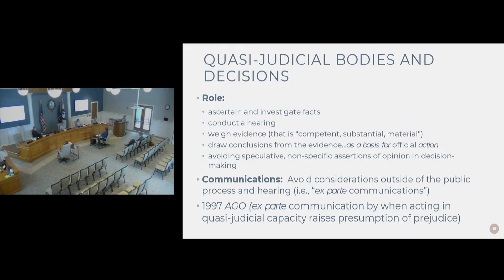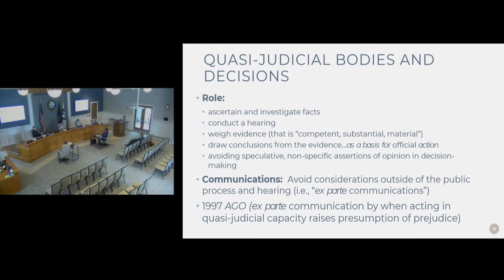Meaning when that decision is being made by a quasi-judicial body, the record should reflect the basis of their decision based on the conclusions they've drawn, based on the evidence in the record, and also interpreting the law, that is the criteria there in the code that guide their decisions. The trick there, since it's not a political role, so to speak, is avoiding speculative, non-specific assertions of opinion in the decision-making.